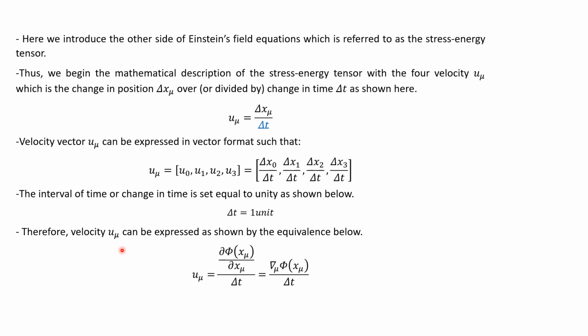Therefore, velocity u can be expressed as shown by the equivalence below. So we see that the partial derivative is the infinitesimally small change in position over time t, which can be expressed as we show here, equivalently expressed as this.